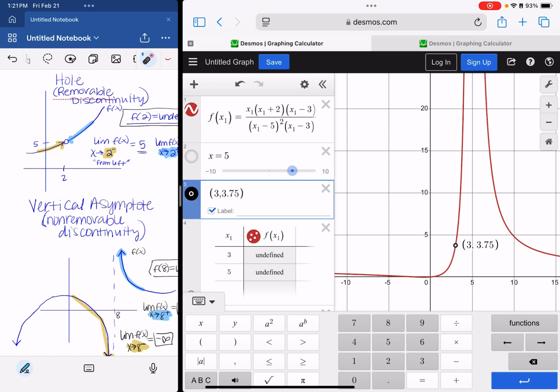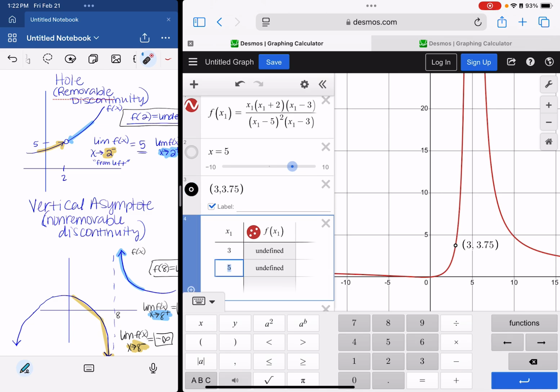I'm able to at least infer that a hole is happening because around that input value, even though the function is undefined, the outputs are headed towards a single number and not going off to really large positive numbers or really small negative infinity type of numbers. So let's look at that in the table.